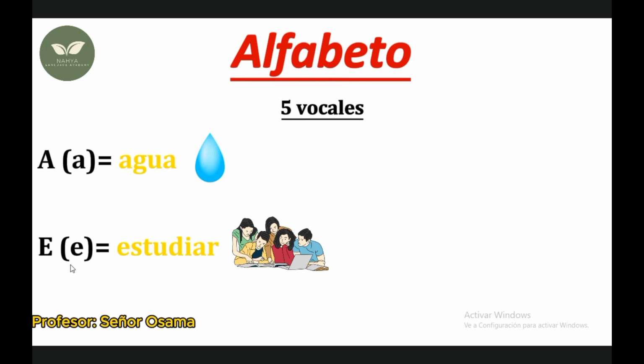We open our mouth a little bit. We say e, and we find this in the example of estudiar, which means study. Estudiar is a verb. So let's go to the next one.